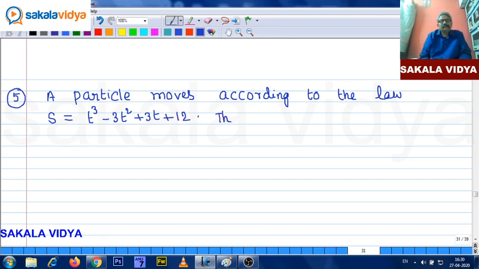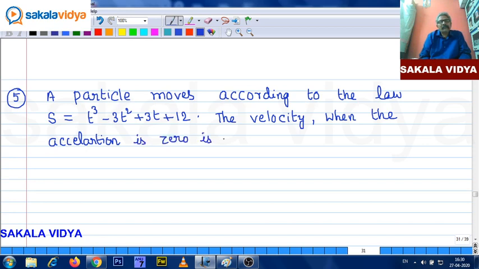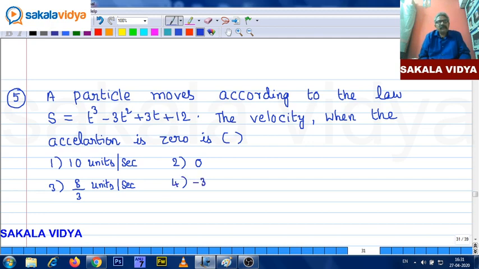The velocity when the acceleration is 0 is: first option 10 units per second, second option 0, third option 8/3 units per second, fourth option is minus 3 units per second. This is the question.